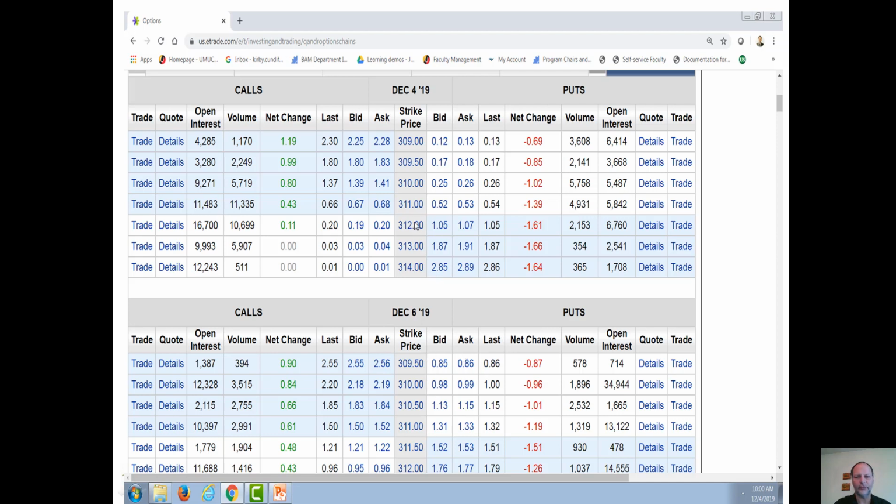The same for a strike price of 312. The options here are worth less than the options here. So the longer to expiration of the option, the more valuable it is going to be.